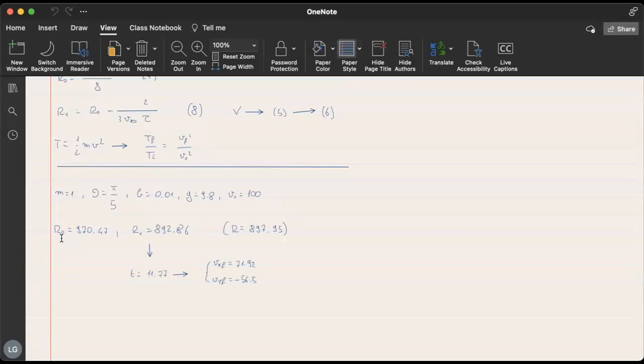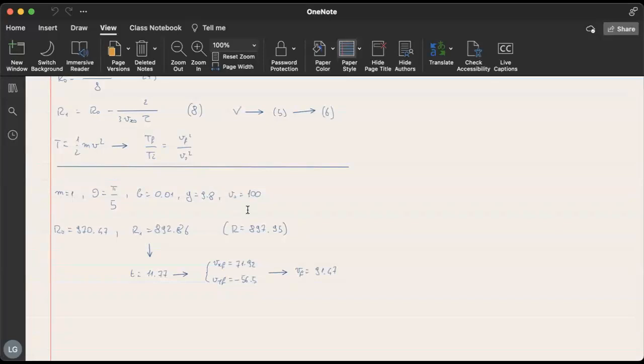So I can put those two together right here. The total velocity is 91.47. That compares to 100. So we've lost about 9%, 8.5% of our velocity.